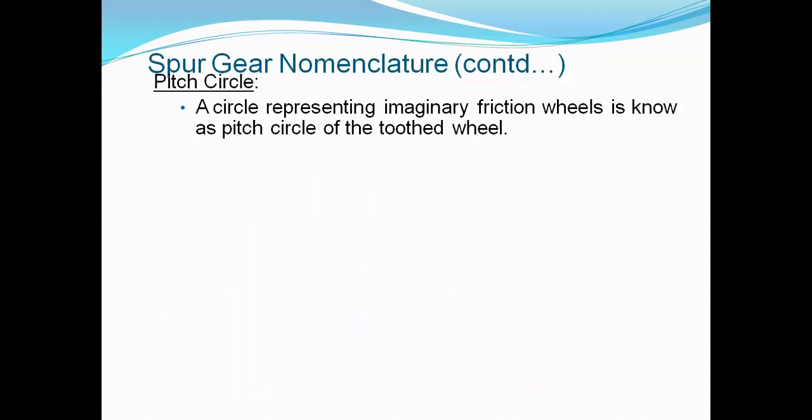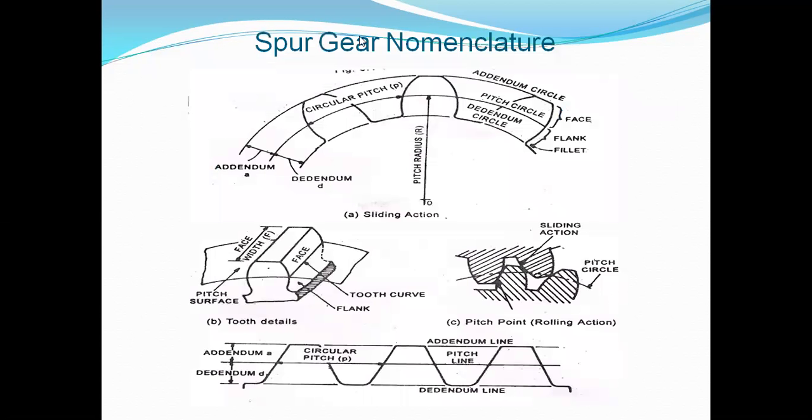First, a circle representing an imaginary friction wheel is known as the pitch circle of the toothed wheel. So this is the tooth profile.